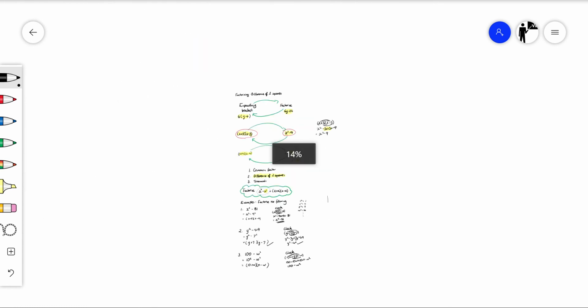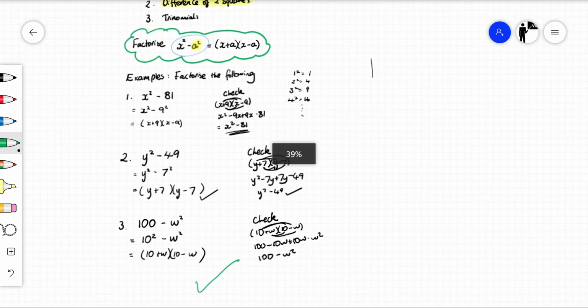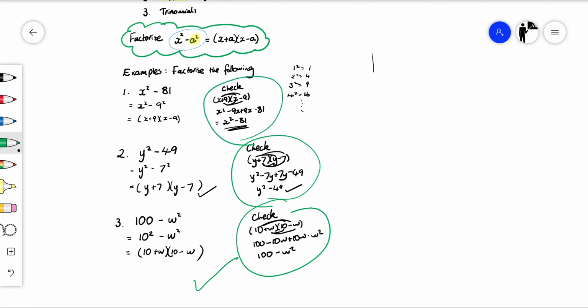So I know that I'm correct. Make sure you've got those 3 examples noted down. Those are the most basic forms of factorising with a difference of 2 squares. And these checks here will always confirm if you're correct.